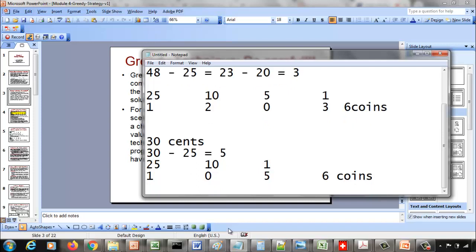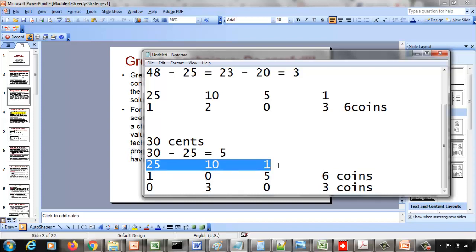Whereas you would have realized by now the optimal solution would be to pick 3 10-cent coins to make up 30 cents. So picking 3 coins is the optimal solution, and 6 is not the optimal solution. So for this combination of coin values, the greedy strategy really fails.